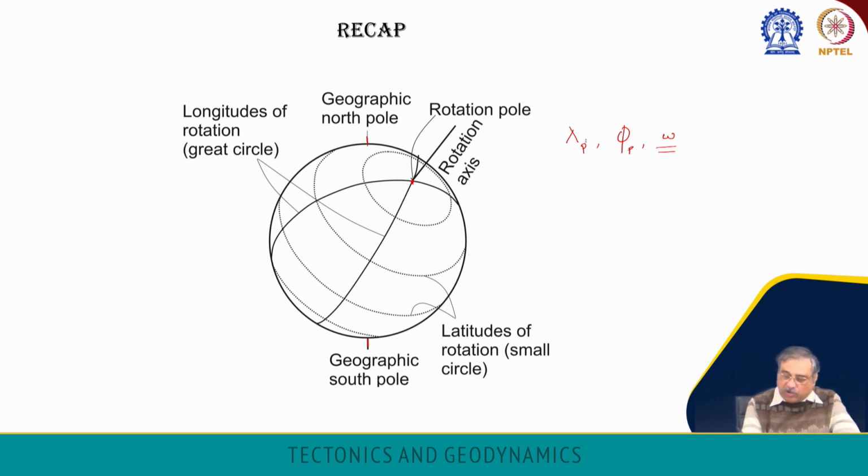So, the location of the Euler pole of rotation with respect to the geographic north and south poles must be specified by its latitude and longitude, and the magnitude of that rotation is depicted by omega, the angular velocity. Just remember that any small movement about an Euler axis of rotation is essentially a movement on a small circle with respect to that axis of rotation.